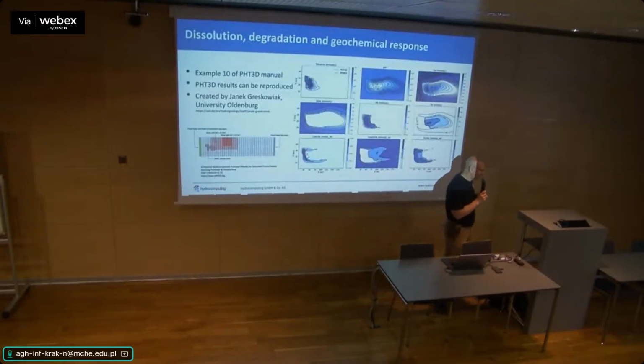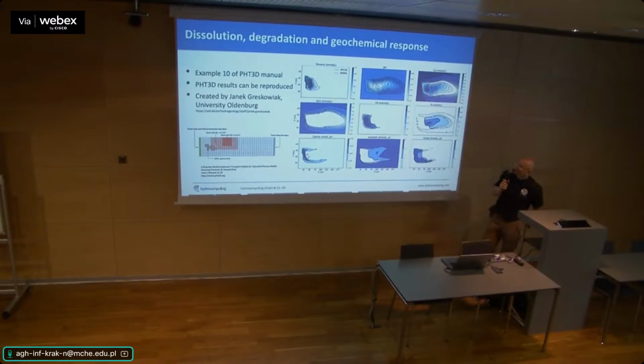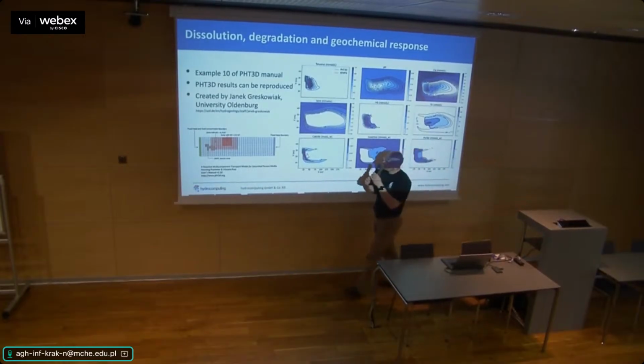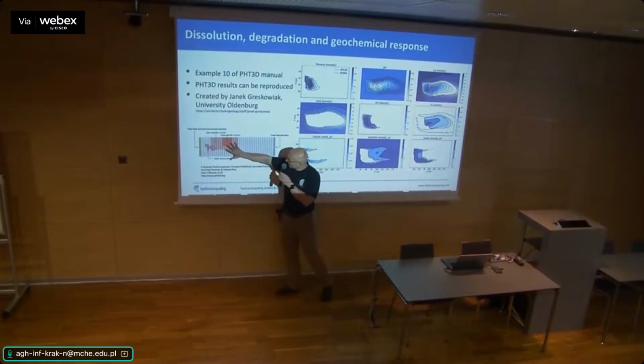And fortunately, I found Yannick Skowiak from the University of Oldenburg, and he's an expert in reactive transport modeling. He's been involved with PHREEQC for many, many years, and he worked with my model, and then he used a much more sophisticated setup. You see, this is a 2D setup, and you have many different areas in the subsurface.